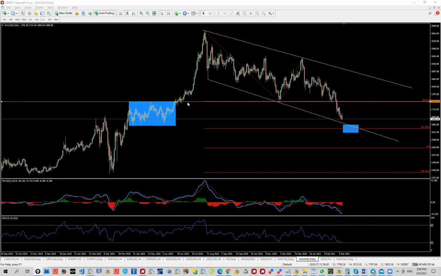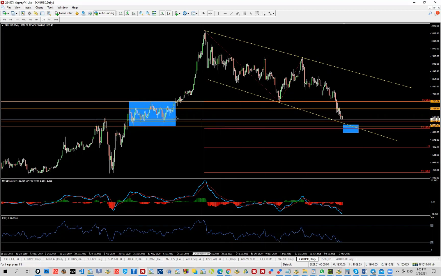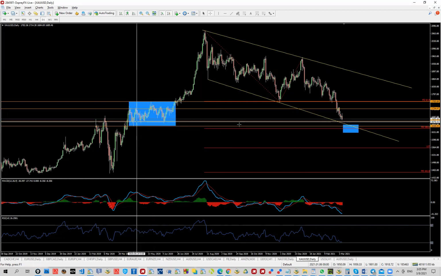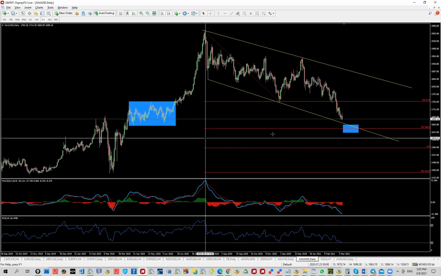So we should be paying attention to this level and keep it on our list: the top of the zone, the bottom of the zone, and basically the entire thing. As we can see, we're coming closer to the bottom of this level, and those are the lines here. I don't like putting too many drawings on the chart. I like to keep it simple, so let's remove them for now.